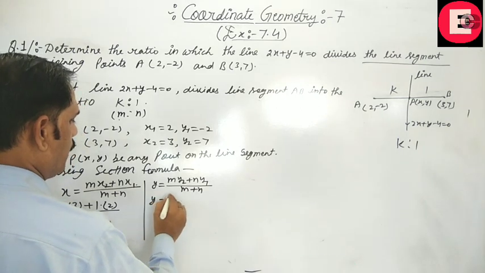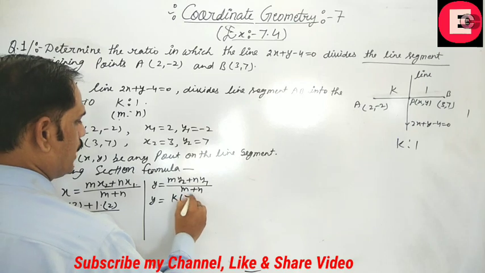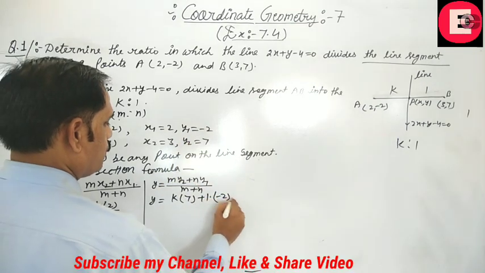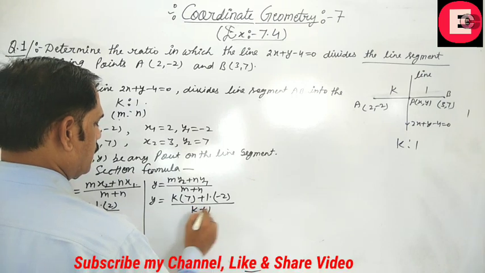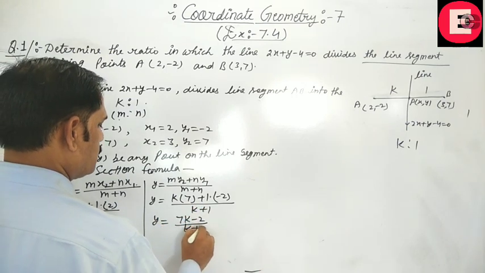Now again put the value of m which is equal to k, then y2 is equal to 7, plus 1 into y1 which is equal to -2, upon k + 1. So y is equal to (7k - 2) upon (k + 1).